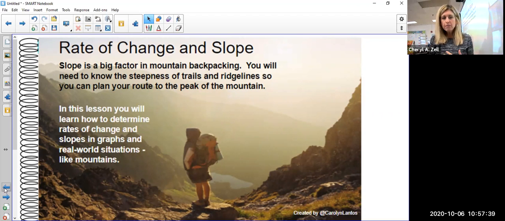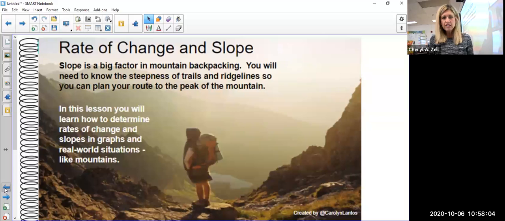So slope is a big factor in mountain backpacking. And what I'm going to teach you is how to know what the slope is and how to find it. Because when you are going mountain backpacking, you need to know the steepness of the trails and the ridge lines so that you can plan your route climbing up to the peak of the mountain.